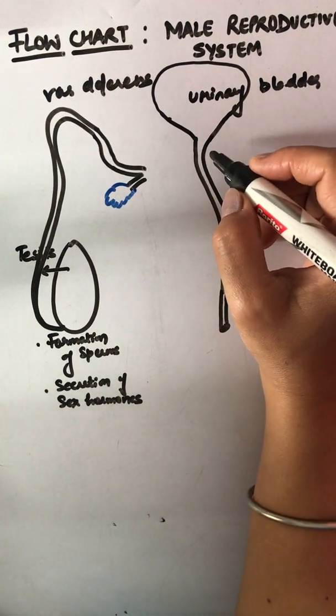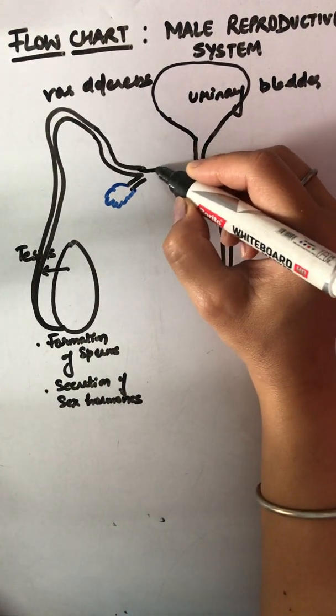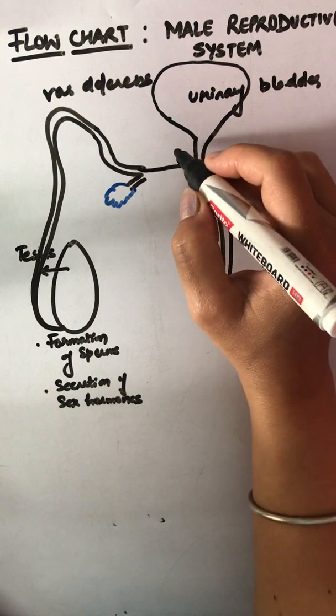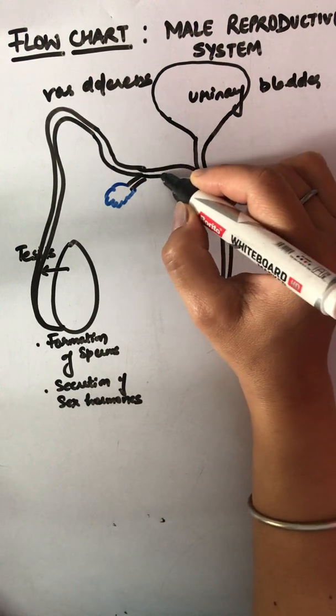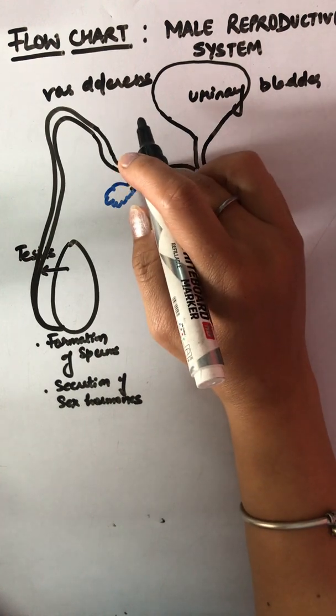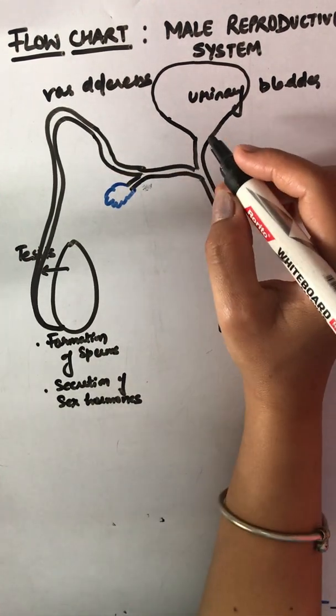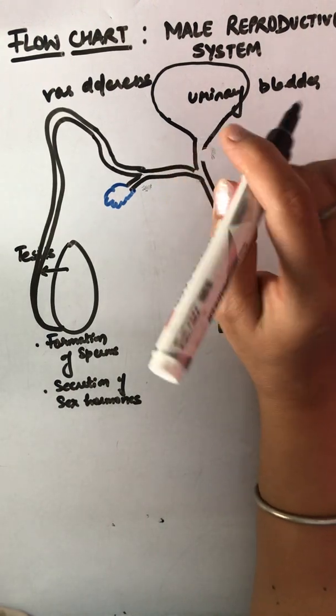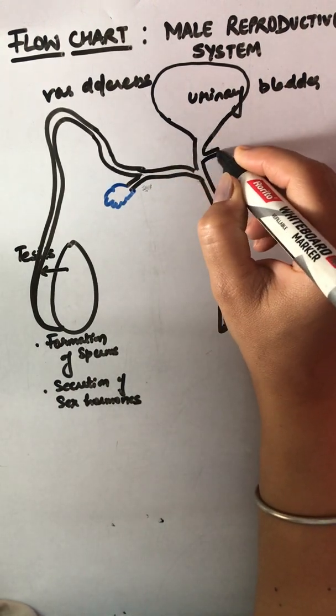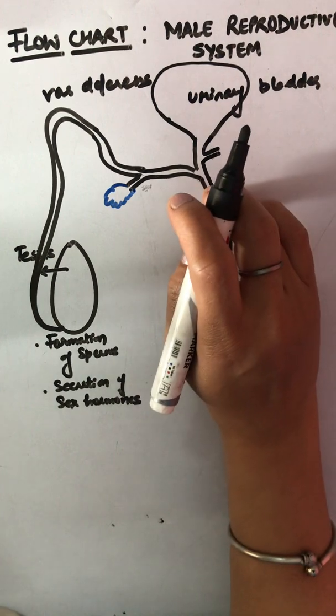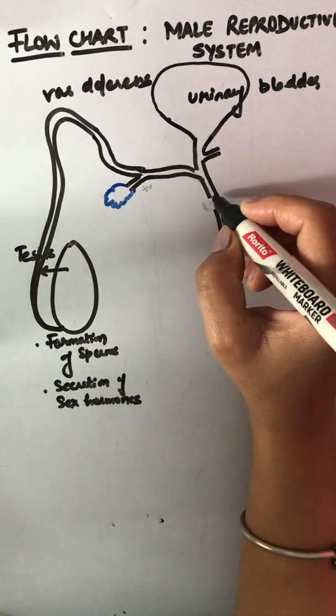Here we will show that whenever this vas deferens joins the urethra, another pair of glands do open up. One opens immediately right here, another one will be here.